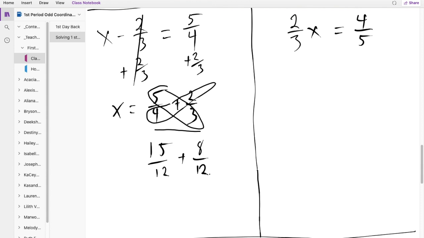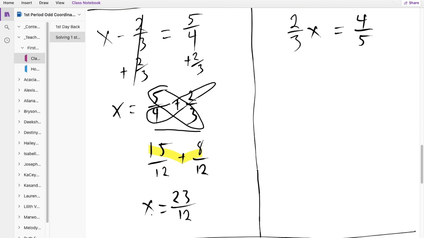So I'm really just adding this 15 plus this 8. 15 plus 8 gives me 23, and I'm keeping my common denominator of 12. Now, if I could, I would try to simplify. 23 is a prime number though, so it will not be simplified at all. So the answer is x equals 23 over 12.